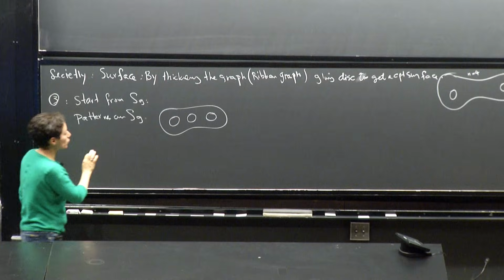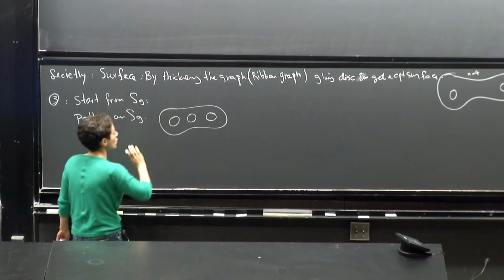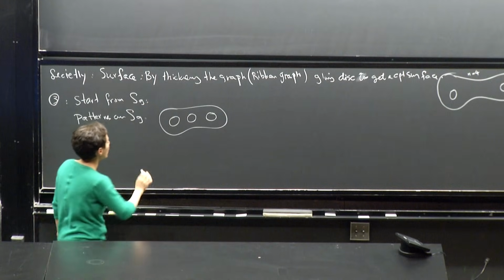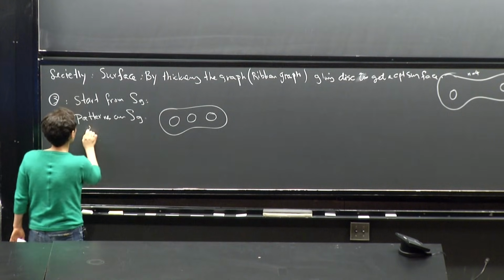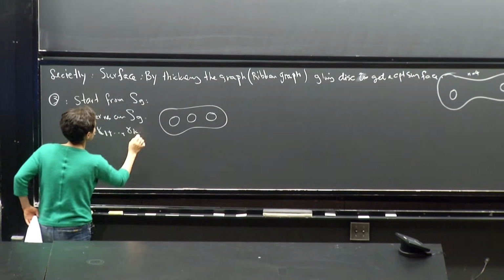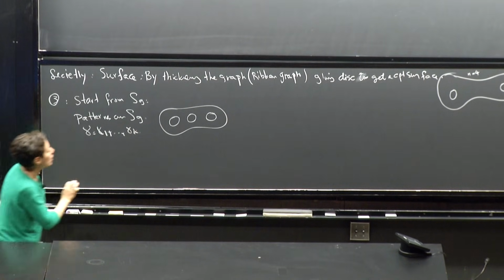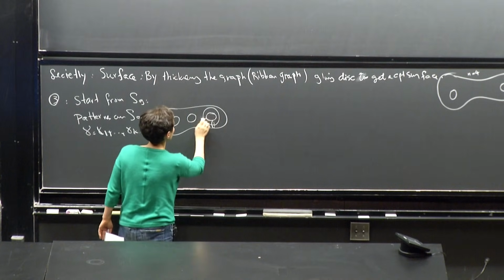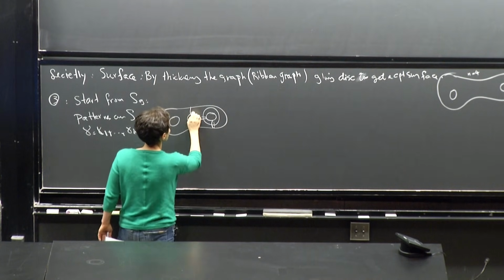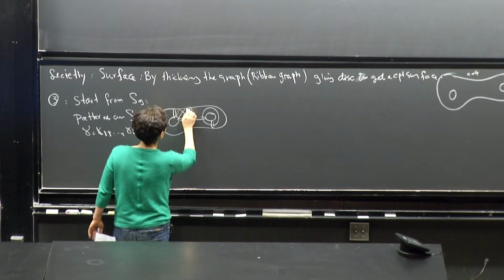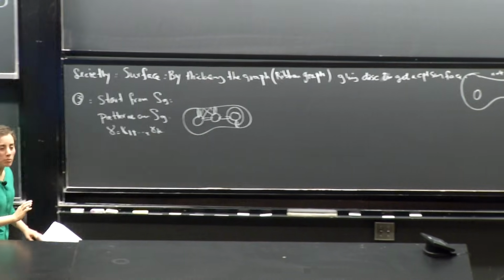So this SG is a surface of genus G, and here I'm only interested in the topology of it. There's no geometry on it. And a pattern could be a union of homotopic classes of closed curves. So for example, you can have this guy, this guy, this guy, I don't know, this guy, and maybe some self-intersection in between.